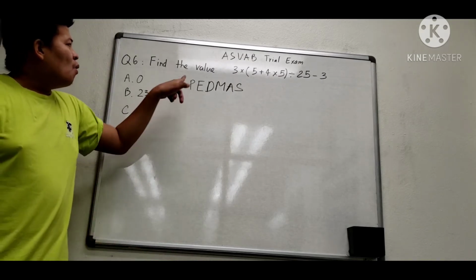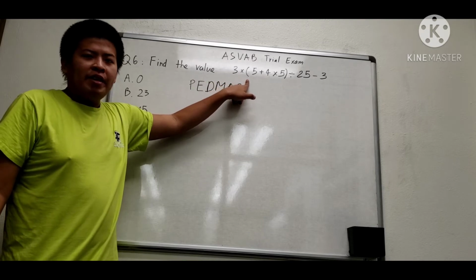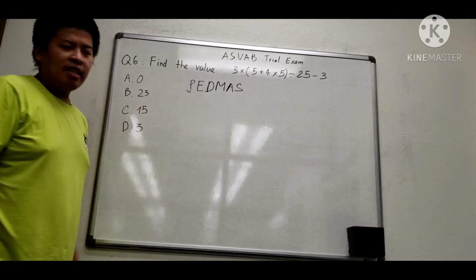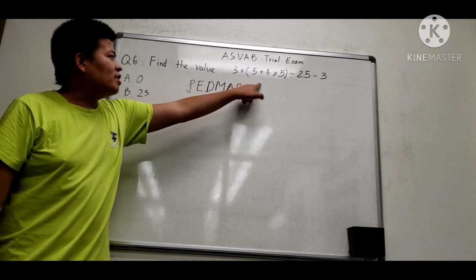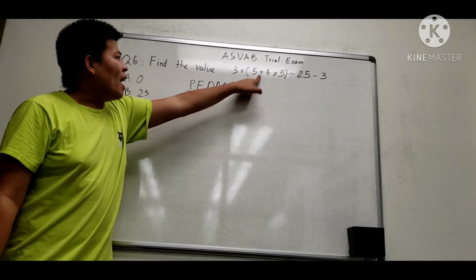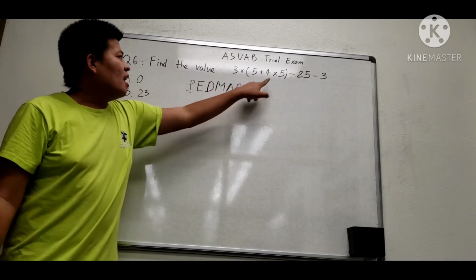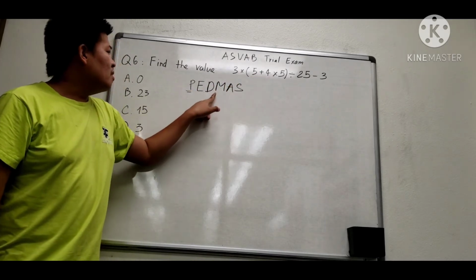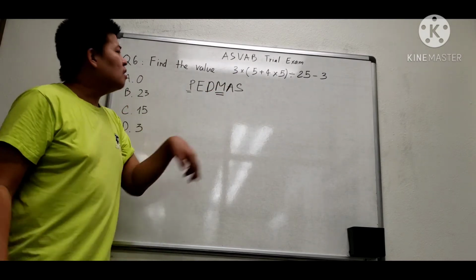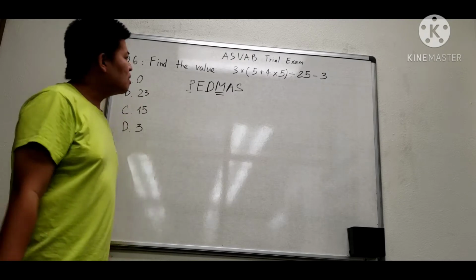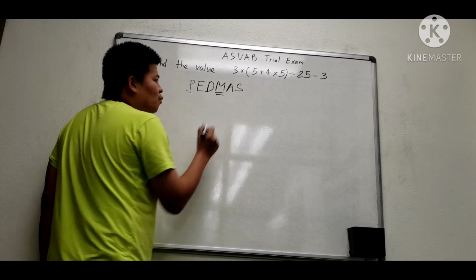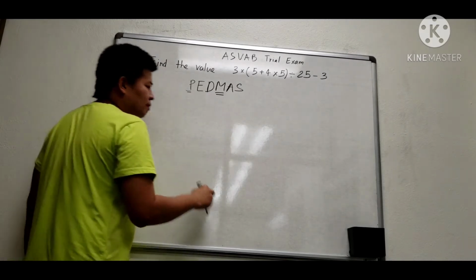Now we have the parenthesis, which comes first. It means we do the priority inside the parenthesis. Next we have addition and multiplication. You can see that M comes before A, so we do multiplication first, and later addition.